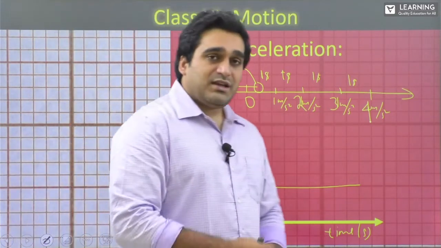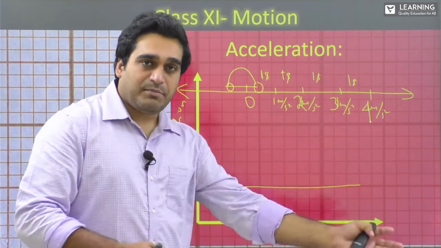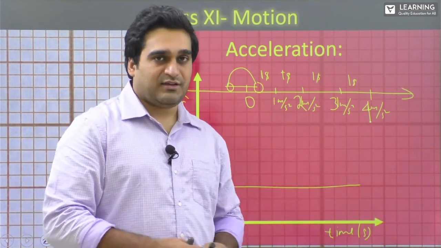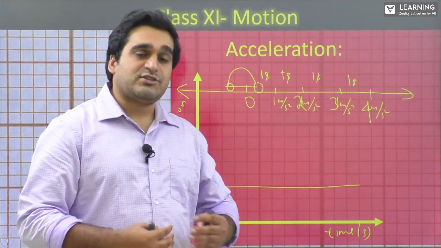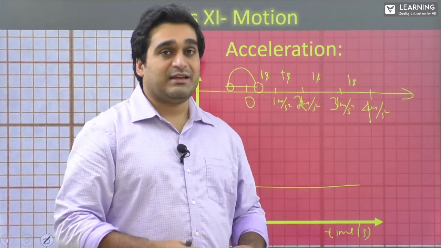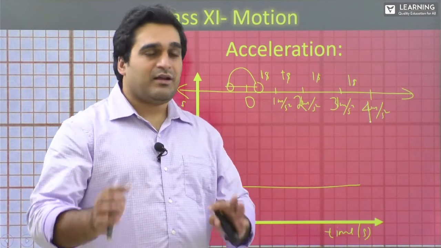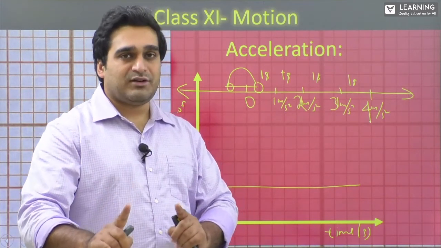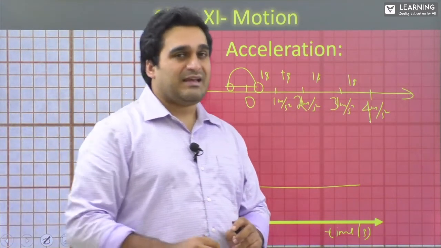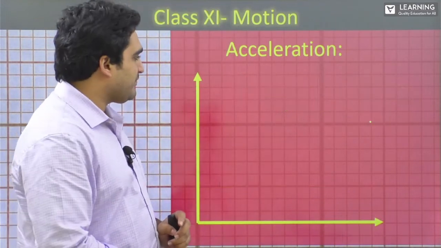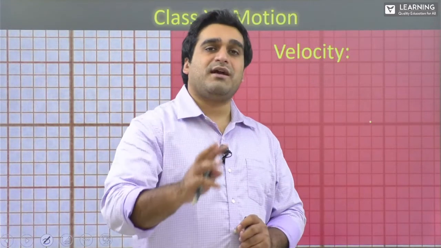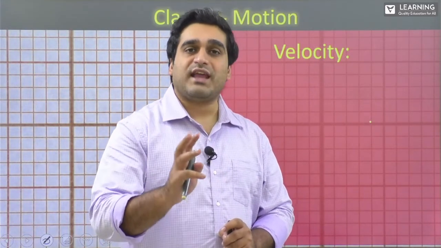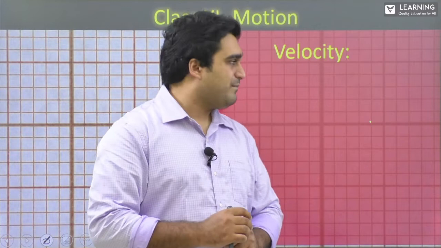So if an object is speeding up, we call it accelerating. But if an object is slowing down, then it is called decelerating. Nothing to worry about these two terminologies. We will soon see that later in the next session. Now, how do we determine velocity using an acceleration time graph?